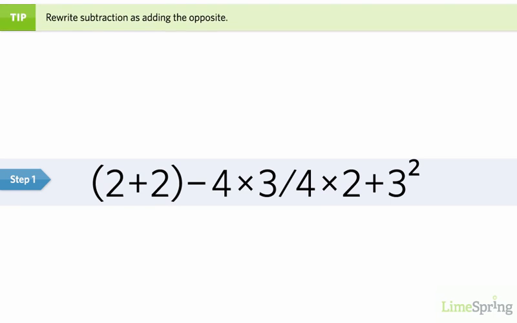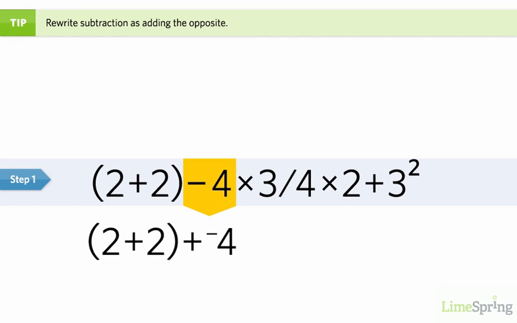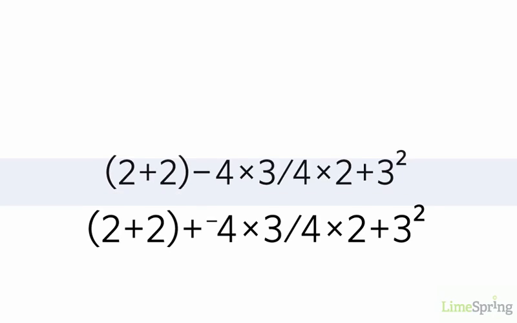Before we get started, let's rewrite subtraction as adding the opposite, to get the quantity of 2 plus 2 plus -4 times 3 divided by 4 times 2 plus 3 squared. Notice that I've been very careful to copy down the parentheses in this step, and I'll make sure to copy the exponents and negative signs in the next steps. We really don't want to get the problem wrong just because I made a simple copying mistake.